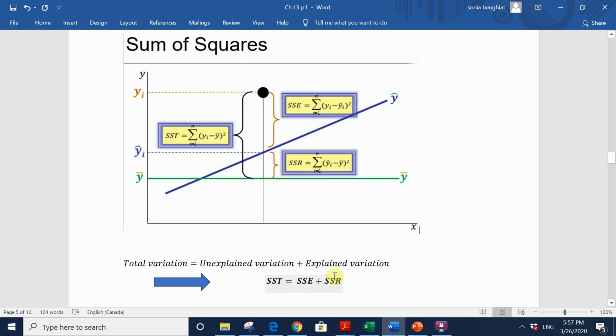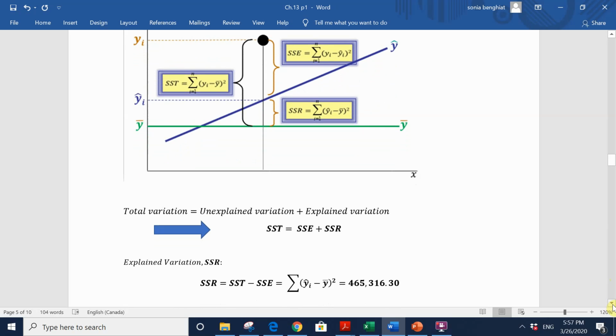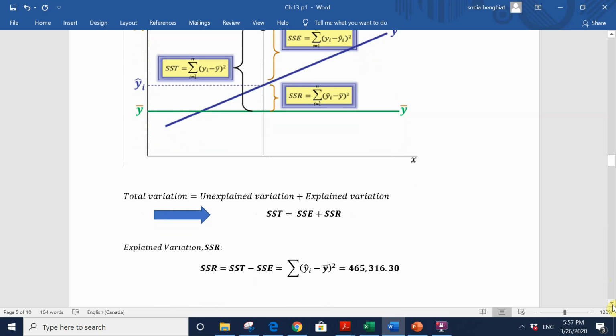With this relationship in mind, we can now define what SSR is. SSR is simply the difference between my total sum of squares minus my unexplained or error sum of squares.